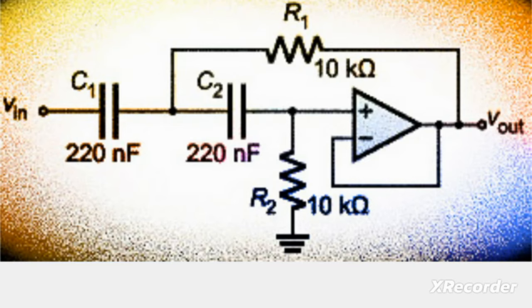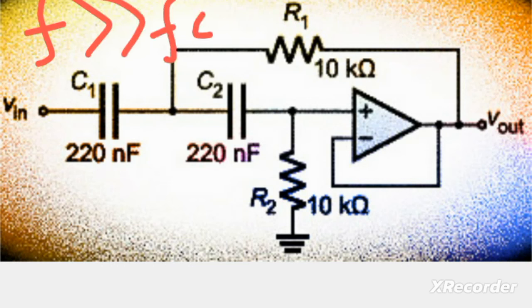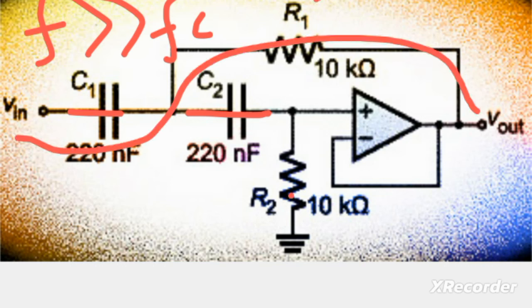However, if the input signal frequency is very greater than fc, capacitor impedances are extremely low, making C1 and C2 behave as a short circuit. Then the circuit only has resistors R1 and R2, and the signal also comes to the positive pin.